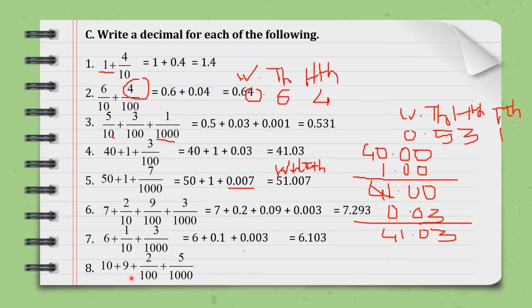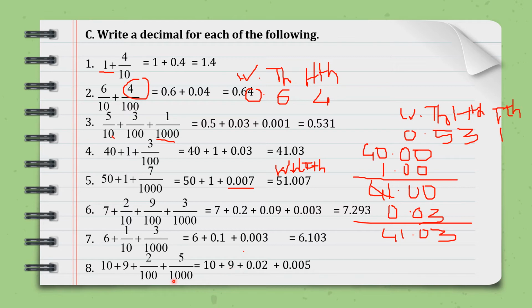Okay. Now the last example: 10 plus 9 plus 2 upon 100 plus 5 upon 1000. Now which place is not there? Correct, the 10th place is not there. So 10 plus 9 will be as it is. 2 upon 100 can be written as 0.02 plus 5 upon 1000 can be written as 0.005. So 10 plus 9 will become 19.